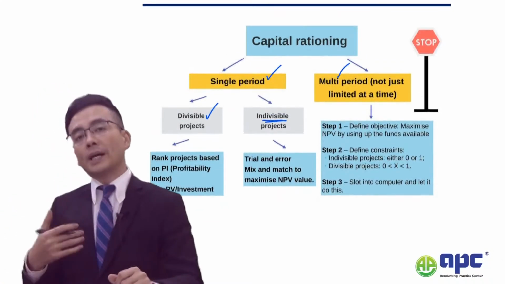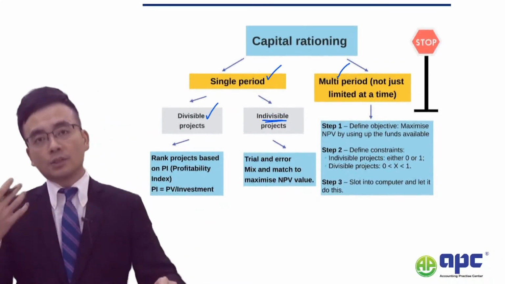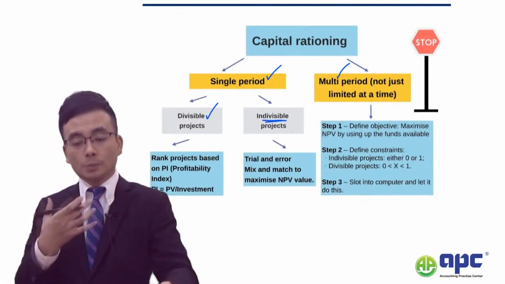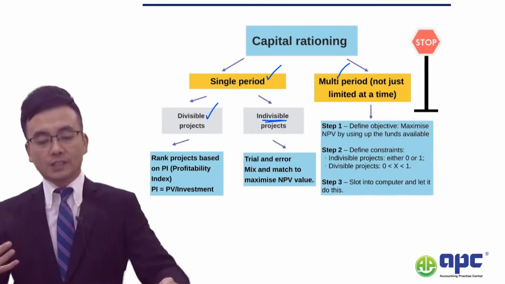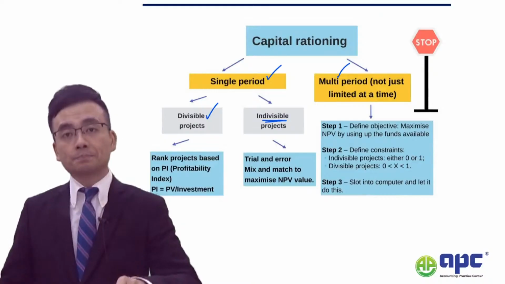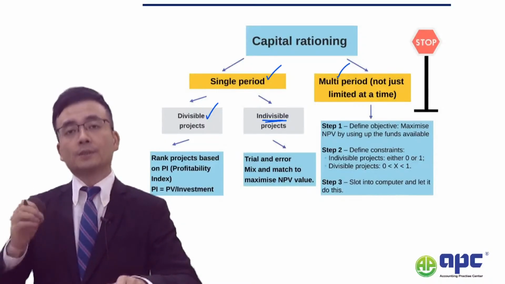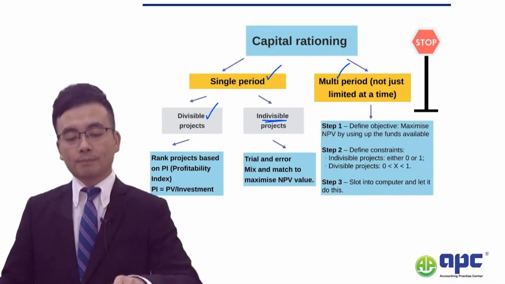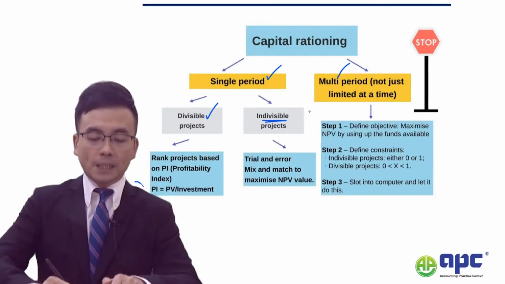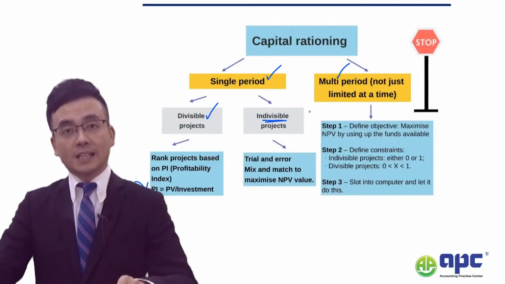Now, the way that we assess the utilization of fund will be different. If the project is divisible, we'll need to see the proportion of projects that we can do, given that we've got limited fund. So we'll rank based on something called the profitability index.